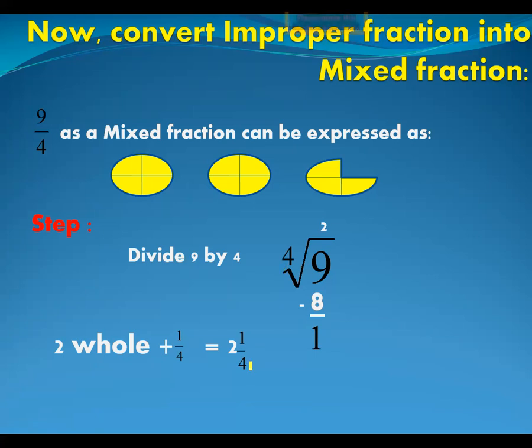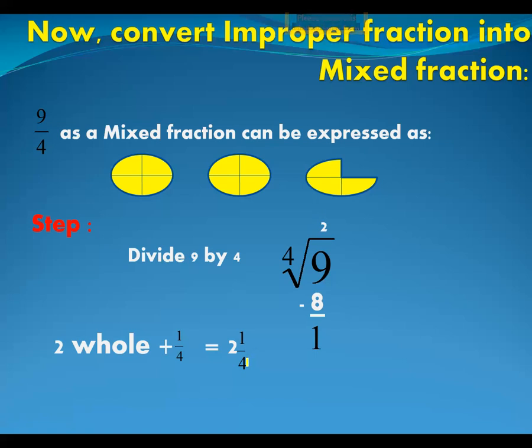Divisor will be your denominator. Denominator will never change. Whatever the denominator was in your improper fraction, the same denominator will be present in your mixed fraction as well. And then your quotient, it means 2, will be represented as a whole number, as I have written it over here, 2. So the mixed fraction will be 2 whole 1 upon 4.